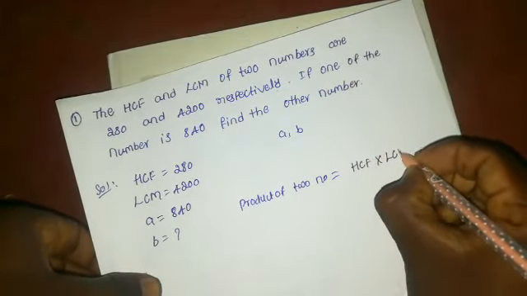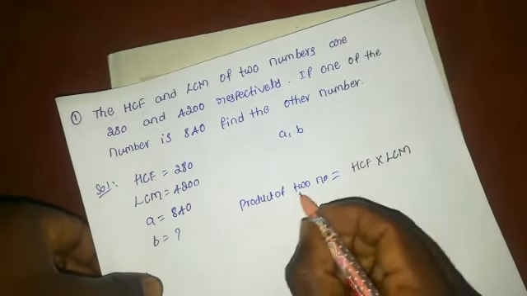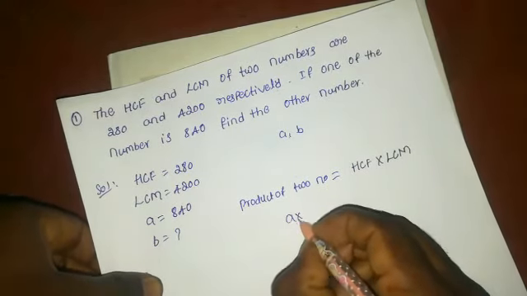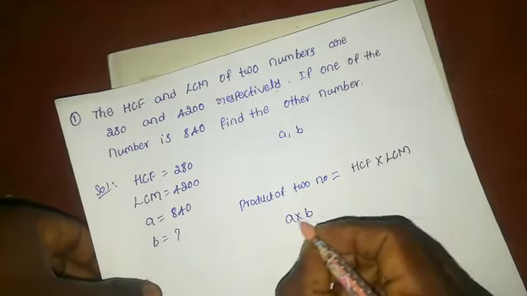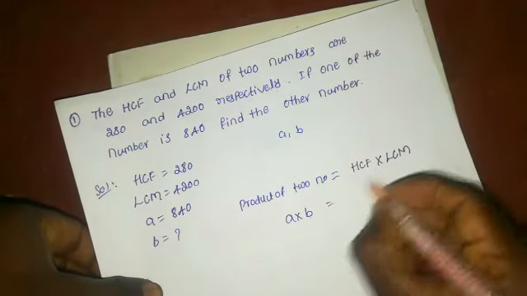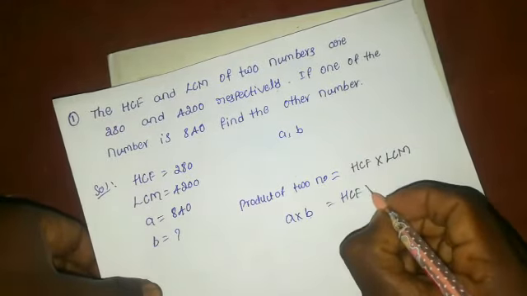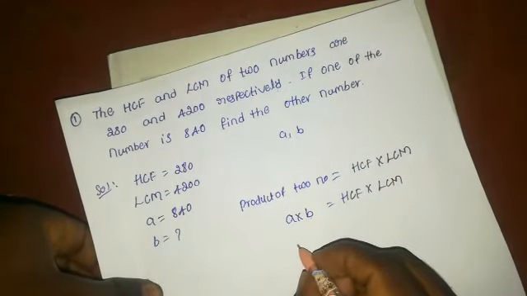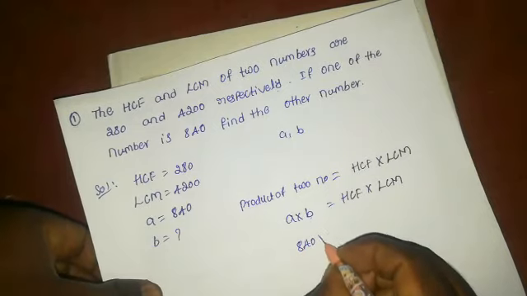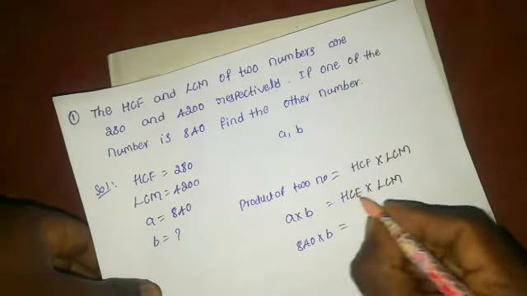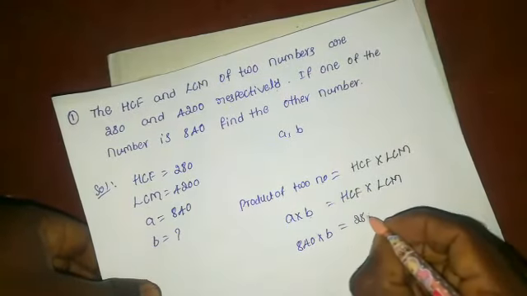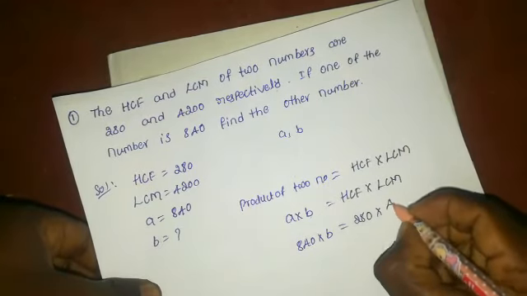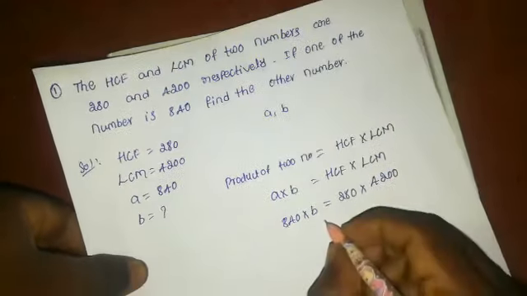The product of the two numbers is A into B, which equals HCF into LCM. Here A is 840, so 840 into B equals HCF 280 into LCM 4200. Now we have to find B.